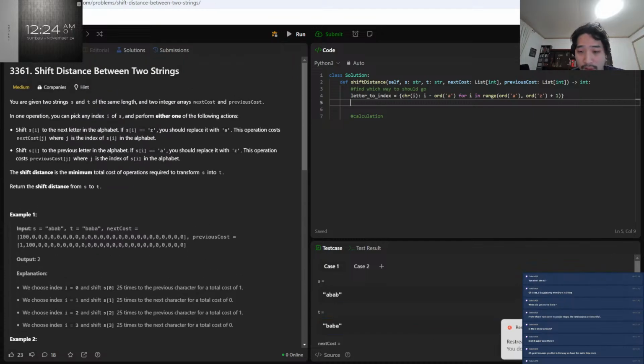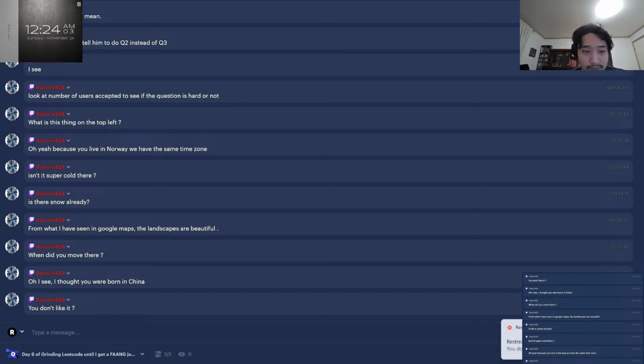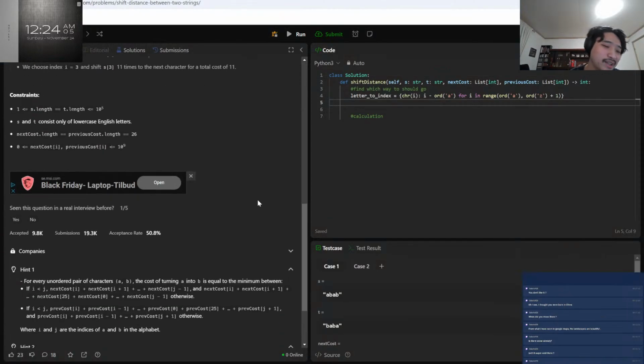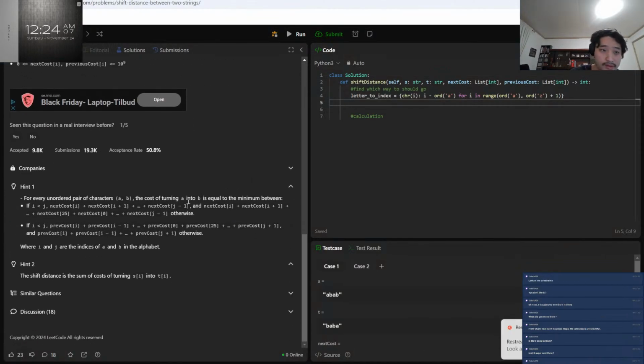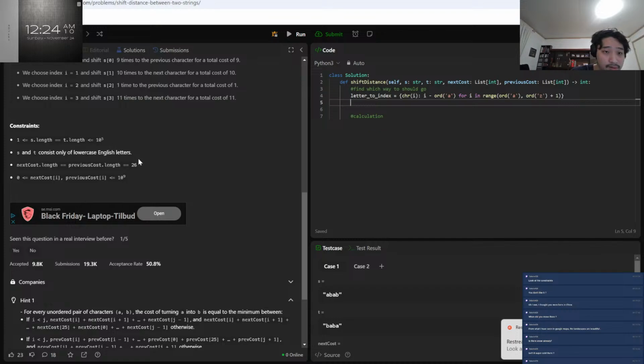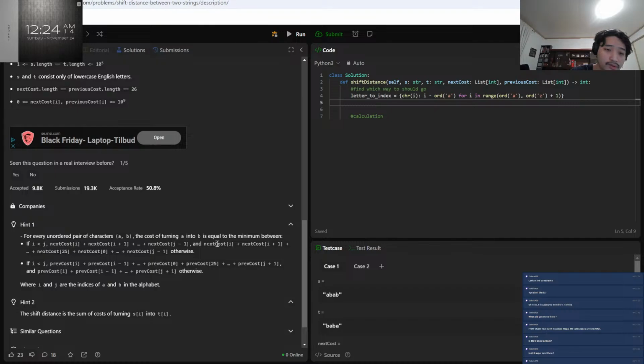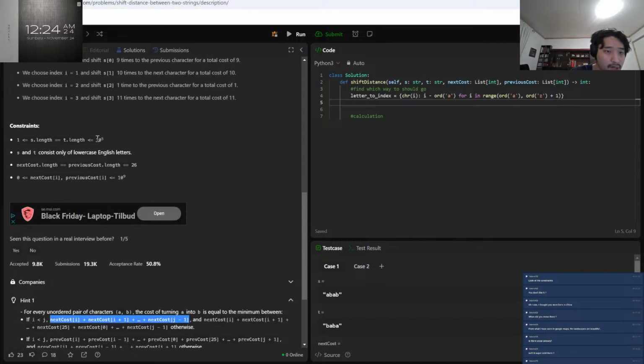You don't like it? No, it's more like... Look at the constraints. Yeah, but wouldn't... For every... If I is... Yeah, I'm still worried.